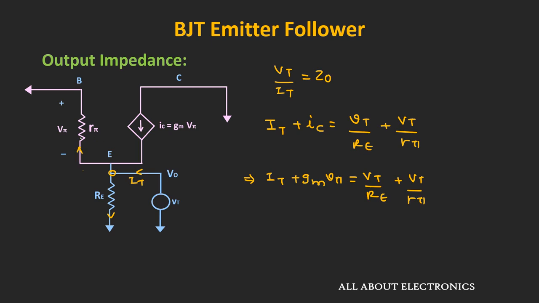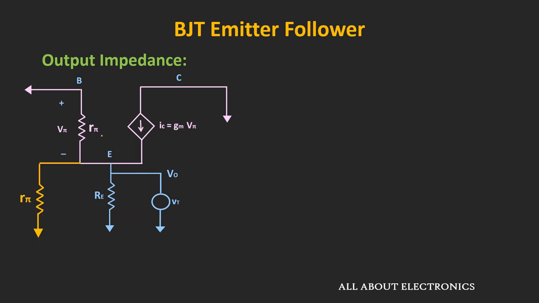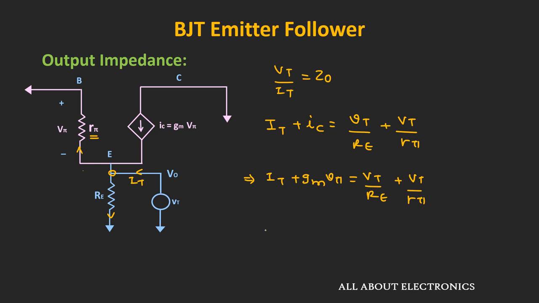Now here, if we draw this resistor over here, then you can see that here this voltage V pi is equal to minus Vt. That means from this expression we can write it as current It minus Gm times Vt is equal to Vt divided by Re plus Vt divided by R pi.